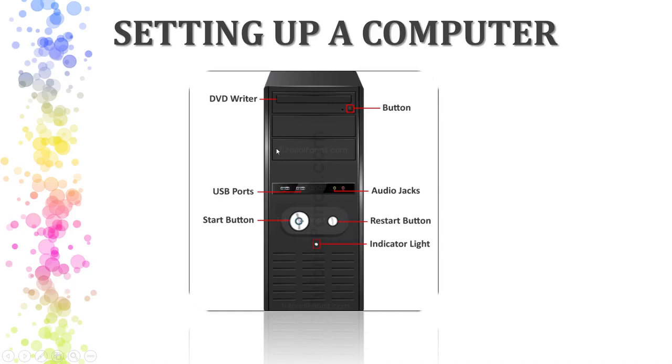Now you can see here I am mentioning the different names. So in today's lecture I will show the names and the use of the keys or buttons on the CPU box. You can first see this DVD writer. I am writing here DVD writer, W-R-I-T-E-R.